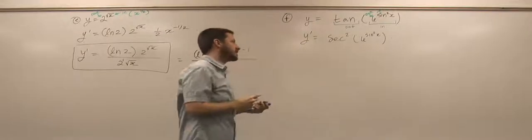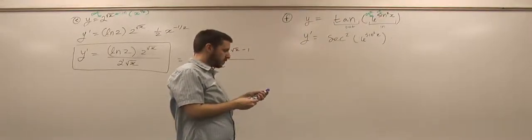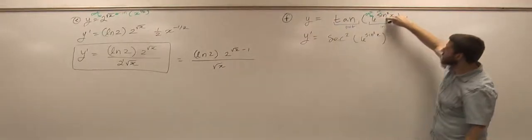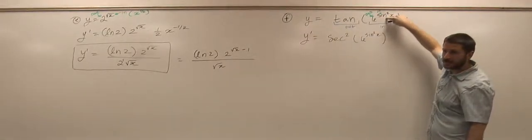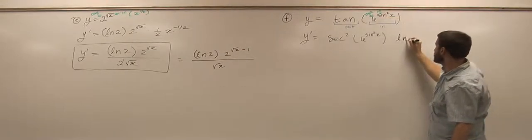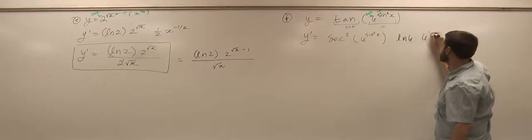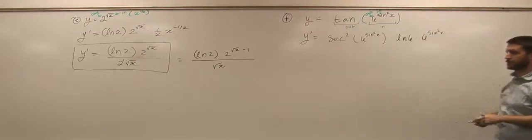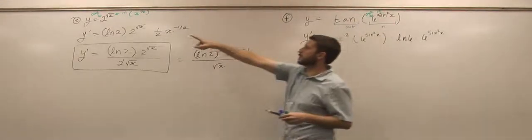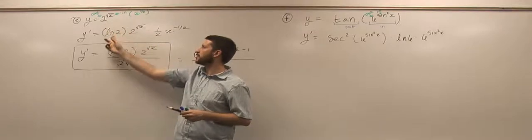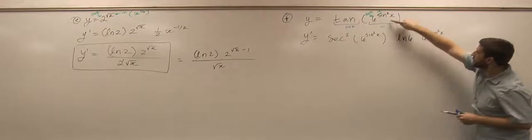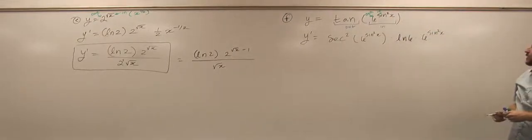So the derivative of 6 to the blah is equal to what? The derivative of 6 to the x would be equal to ln 6 times 6 to the x, right? So the derivative of 6 to the sine squared will be equal to ln 6 times 6 to the sine squared again. Just like over here when we did the derivative of 2 to the root x, we got ln 2 times 2 to the root x again. So ln 6 times 6 to the sine squared again. And what?